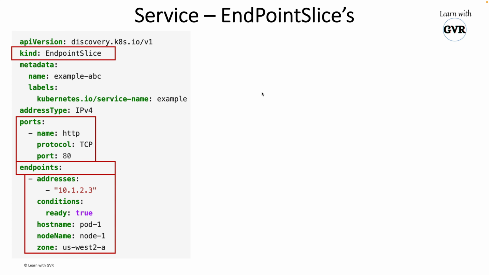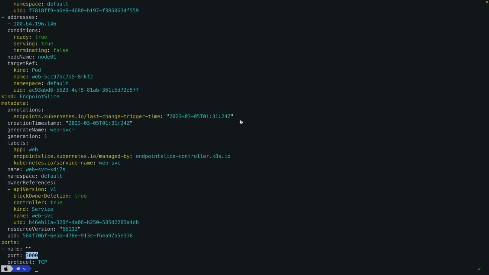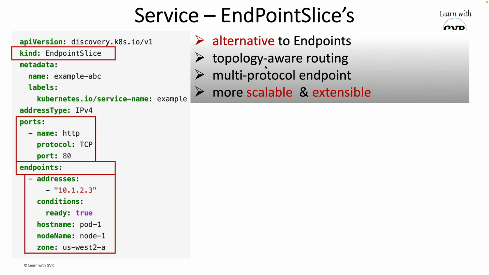Endpoint slices were introduced in order to achieve network-related benefits. In short, endpoint slices are an alternative to endpoints. Here you see the endpoints and you have seen the endpoint slices, but endpoint slices are topology aware: they tell where the pod is and where the traffic should go when somebody hits the service.